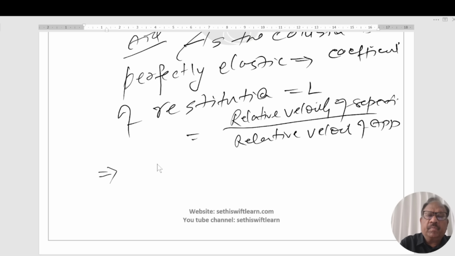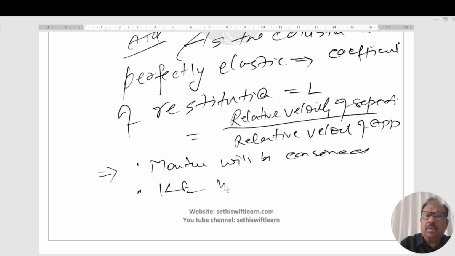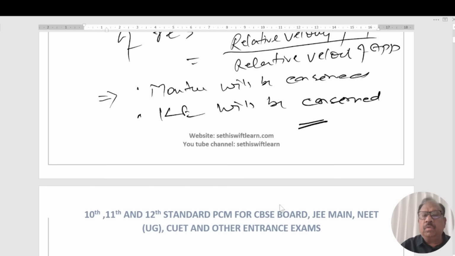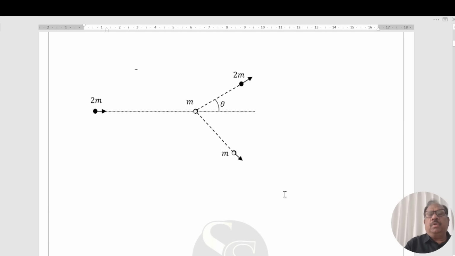In this case, momentum will be conserved, and kinetic energy will be conserved. Now let us apply this concept to the question and the figure.